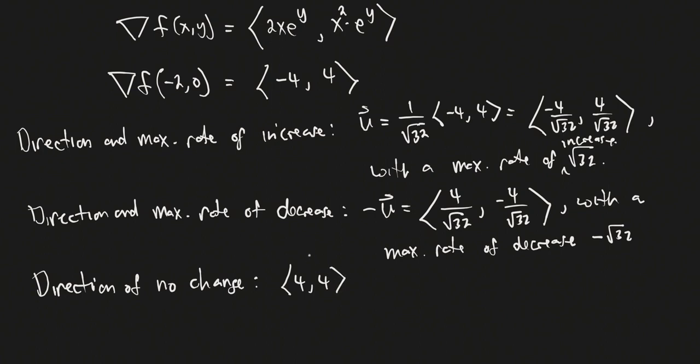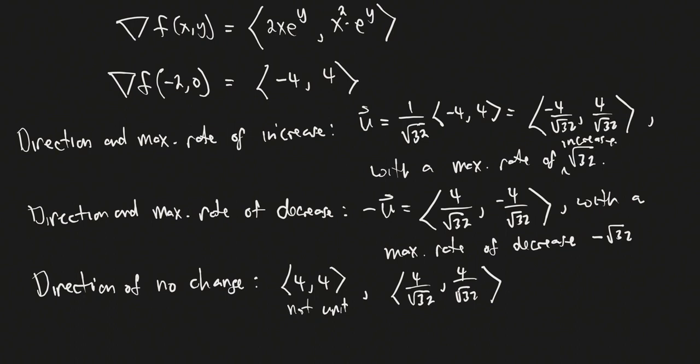But again, if we wanted to make it a unit vector, then we would normalize this. We could have done that switch and change on one of these vectors, but I just wanted to remind you that this one is not unit. If we normalize this, we'll end up getting (4 over root 32, 4 over root 32).